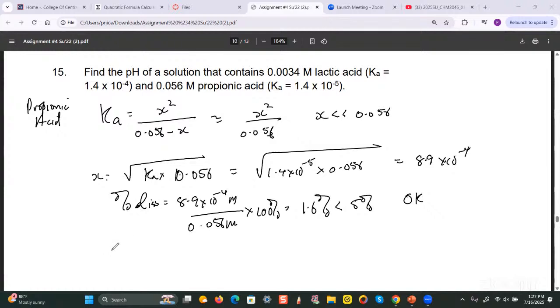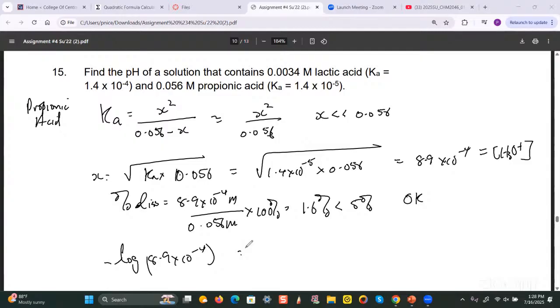Okay, how do you do that? It's the negative log of 8.9 times 10 to the minus 4, because this is going to be the concentration of H3O+ produced by the propanoic acid. So 8.9 times 10 to the minus 4. Then we find a log of that and put a negative sign.